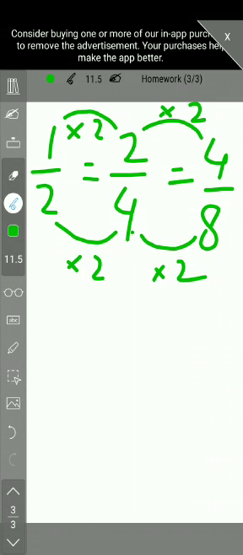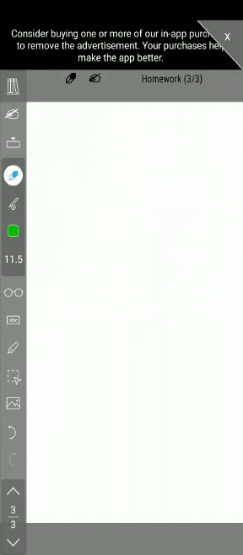Okay, I'm going to show you another example of how we form different equivalent fractions. Let's take the example of 3/4. To get an equivalent fraction of 3/4, you multiply both the numerator and denominator by the same number.